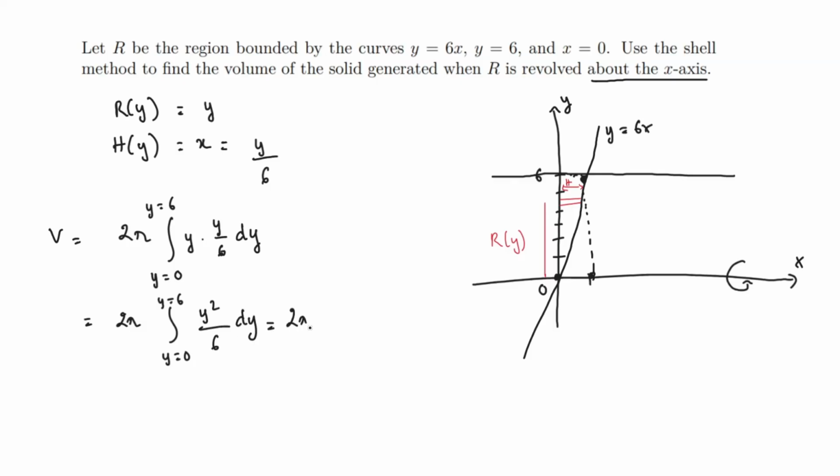So it's equal to 2 pi times y cubed over 3 times 6, which is 18, from 0 to 6. So it's going to be 2 pi times 6 cubed over 18. So it's going to be 24 pi. So the volume is 24 pi.